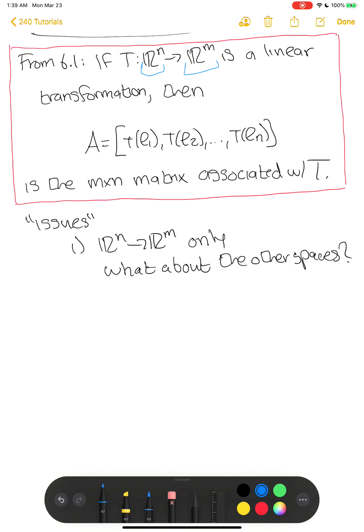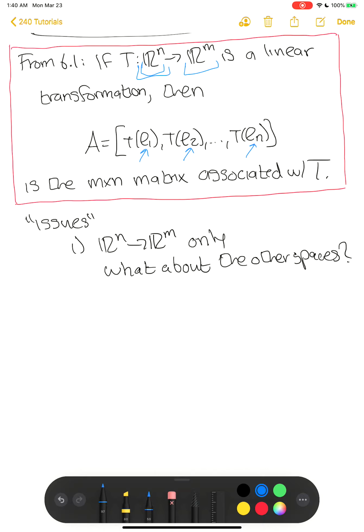And then the other one, this one's more important, are these here. As we talked about last time, these e1, e2, up to en are the standard basis vectors of the vector space Rn. But this is a problem because you're assuming that the Rn they give you here is written in terms of a standard basis.